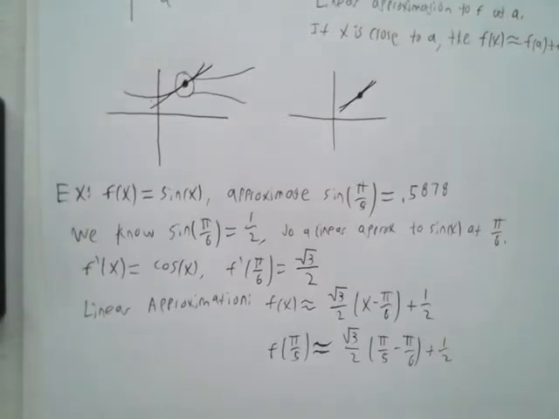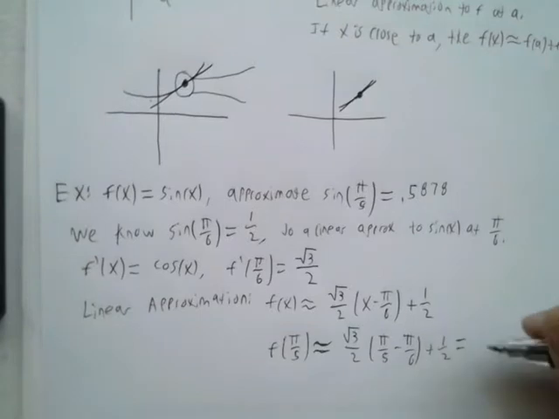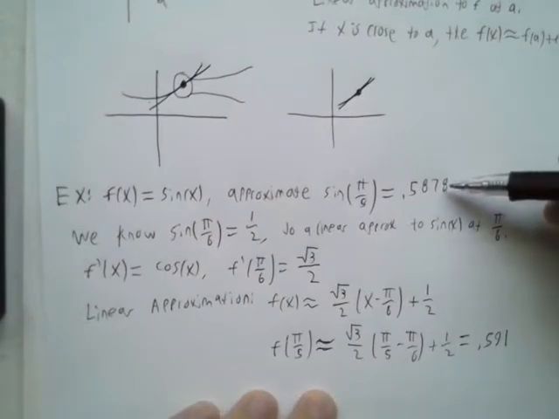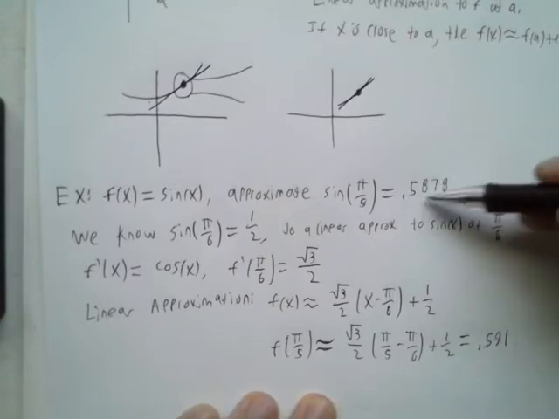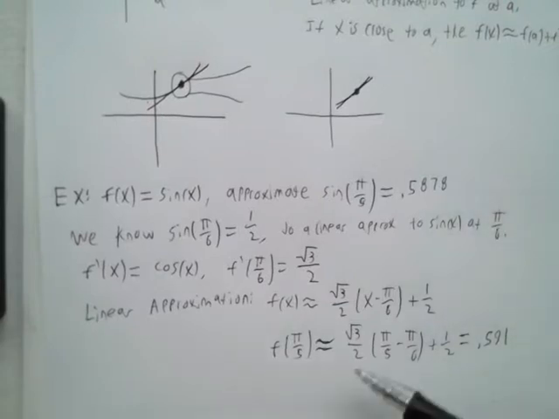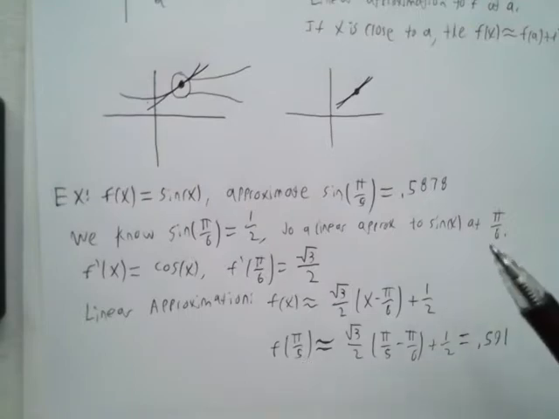So we get 0.591. If we compare this to the actual value we were supposed to get, it's not so bad an approximation. We're off by a little bit, but we're reasonably close. So this is an example of how we could use a tangent line to estimate the value of the sine function at a point that we usually wouldn't know without just using our calculator.